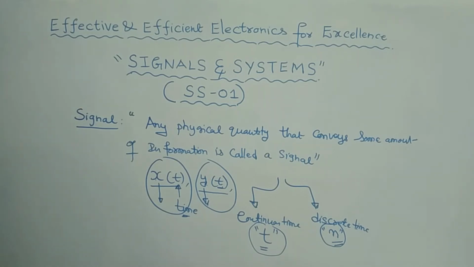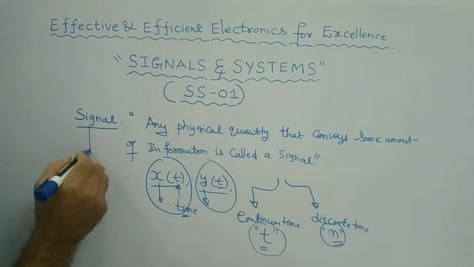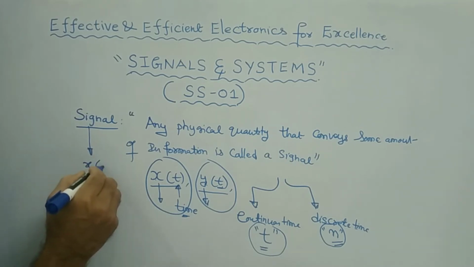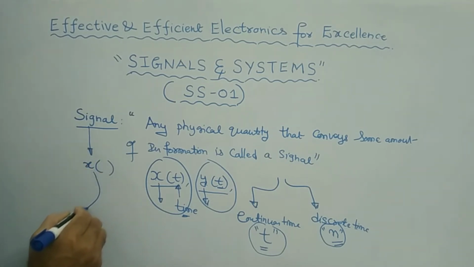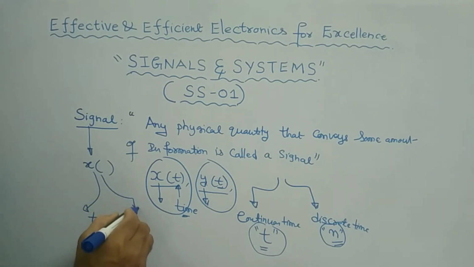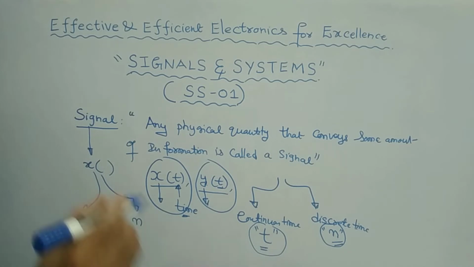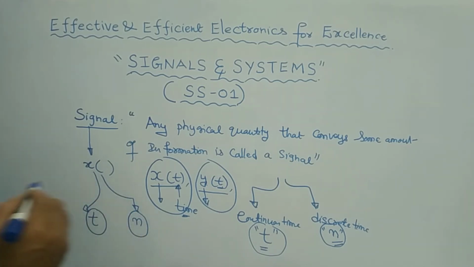What I mean to convey by giving this information is that the signal, let us say x, can be defined over a continuous time, or otherwise can also be defined as a function of discrete time. Understood? Whatever signal you are considering can be a function of either continuous time or discrete time.